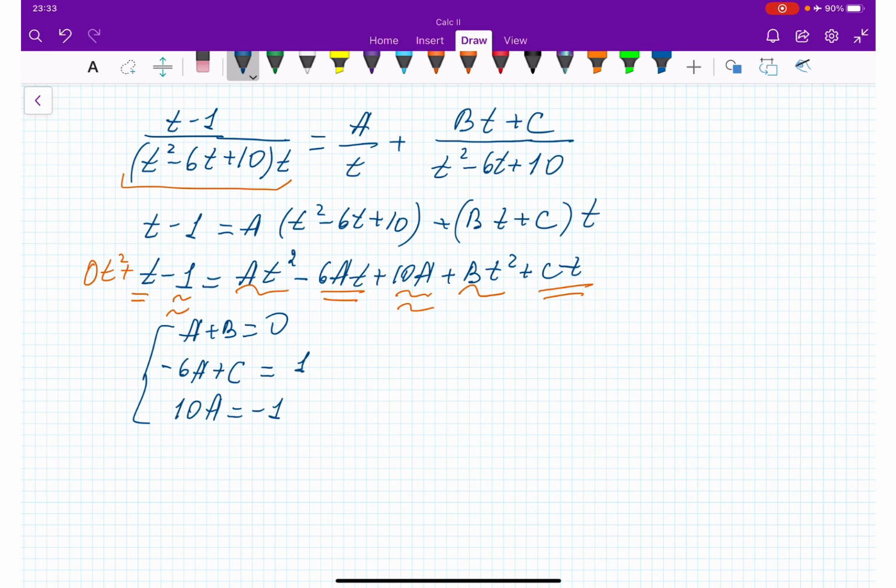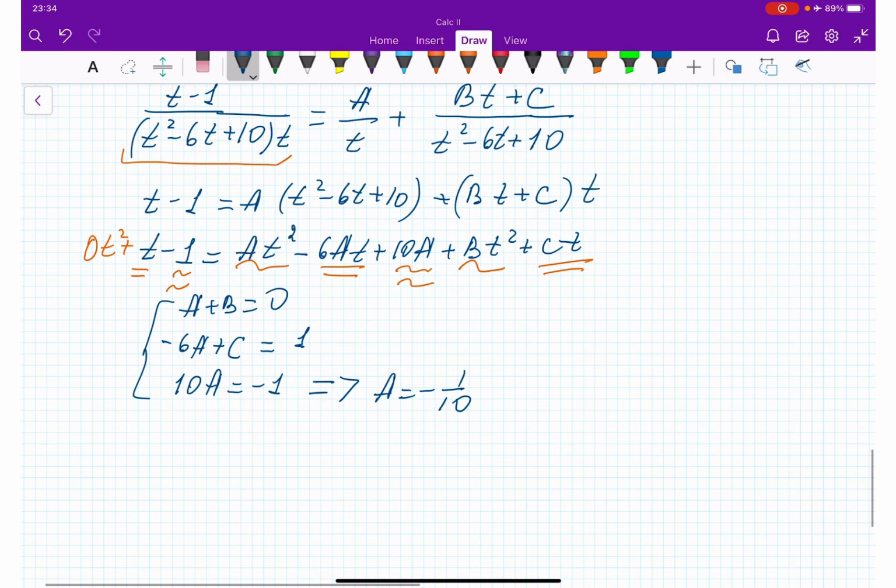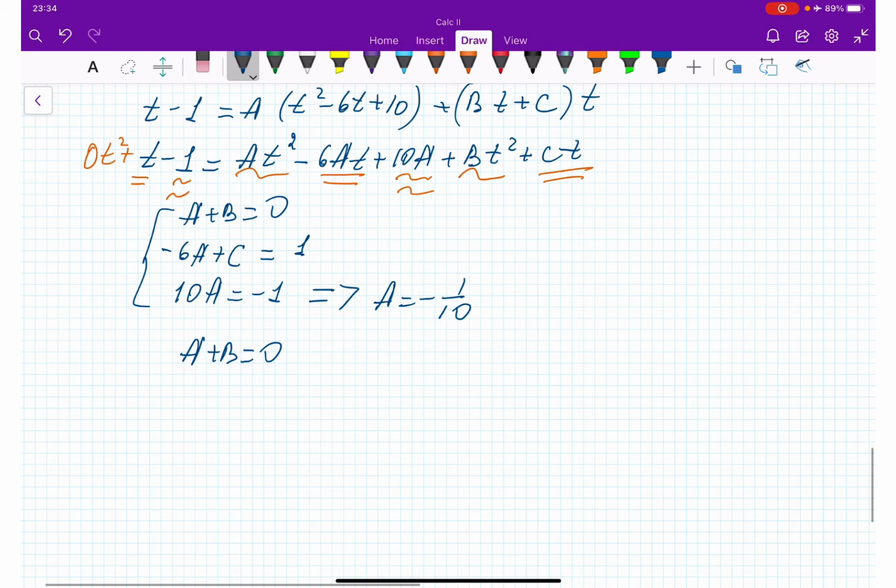All right, so once you plug these values in and solve it, if 10a is equal to negative 1, then a is equal to negative 1 over 10. Then using a plus b equals 0, I will have negative 1/10 plus b equals 0, and b is equal to positive 1/10.